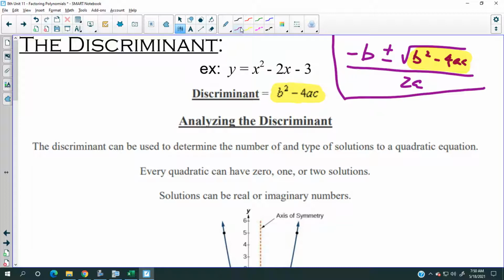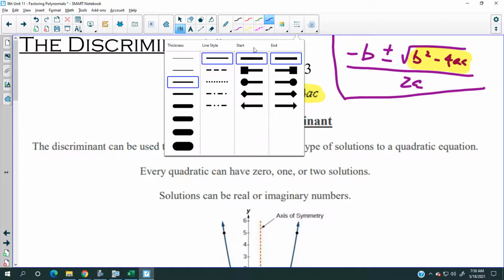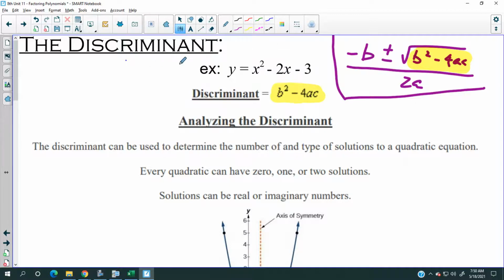Remember again why we're doing this. It's because we don't want to graph it. We want an algebraic solution to a quadratic problem, okay? We don't have a graphical solution right now. We do, it's called a graphing calculator, but you understand what I'm saying, if we choose to not use a graphing calculator. So what's a discriminant?